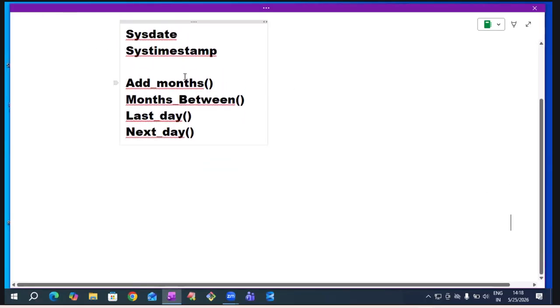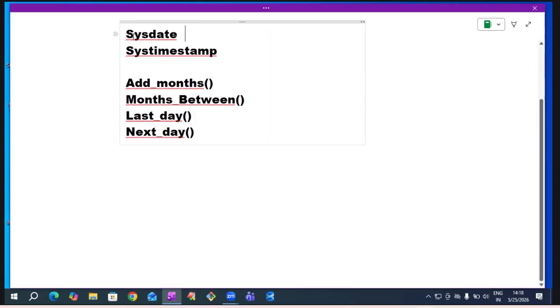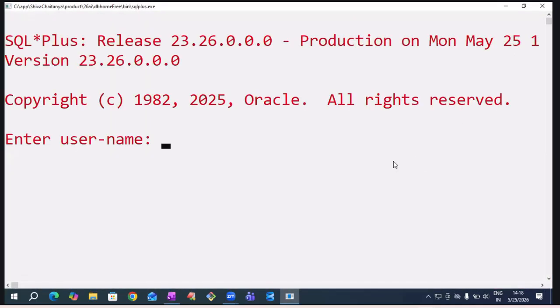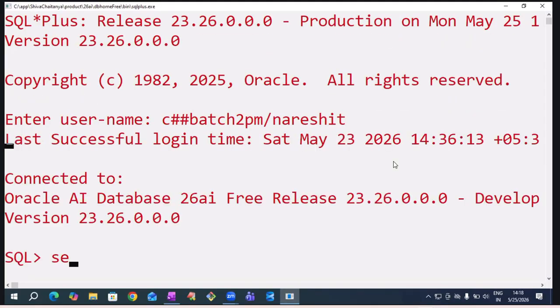Okay. So sysdate, you already know this one. Sysdate returns current system date. Systimestamp returns current system date and time. This only I'm showing, observe.